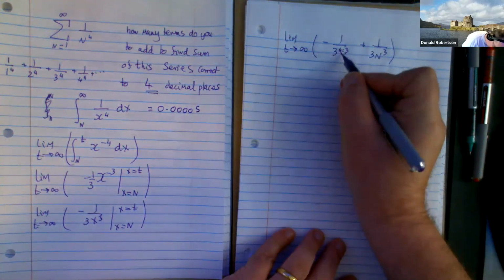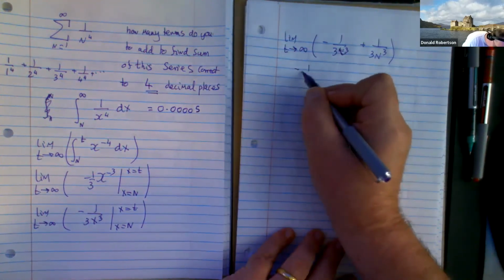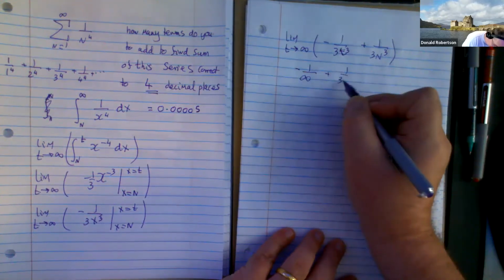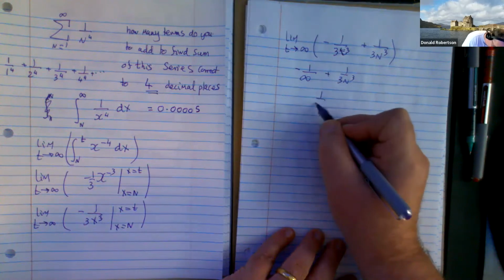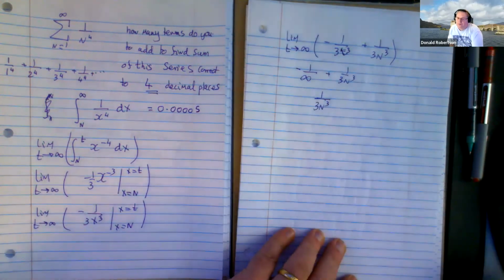Now, if you make t infinite, brute force, in other words, you get this. And that's 0, so you now get this. Are you comfortable about where the 1 over 3n cubed ends up coming from?